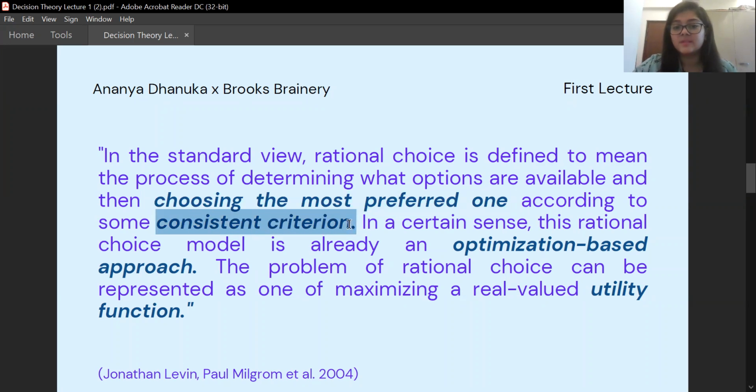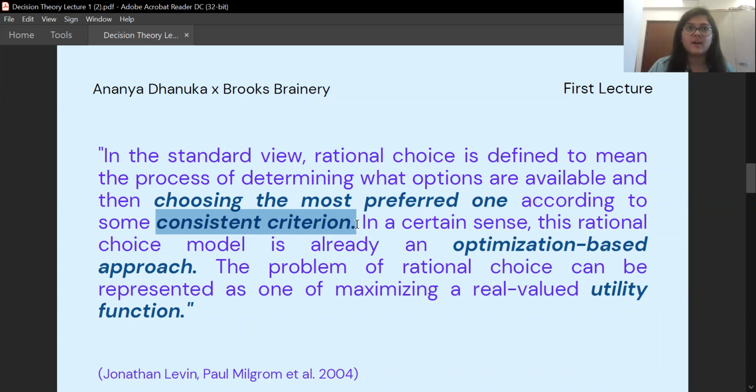Consistent criteria is the perception. If you have a certain perception about, let's say, a particular choice, then it should be consistent, right? And that is what economics assumes, that your perceptions towards certain things would be consistent, at least in the short run. Short run is a limited time period, let's say.